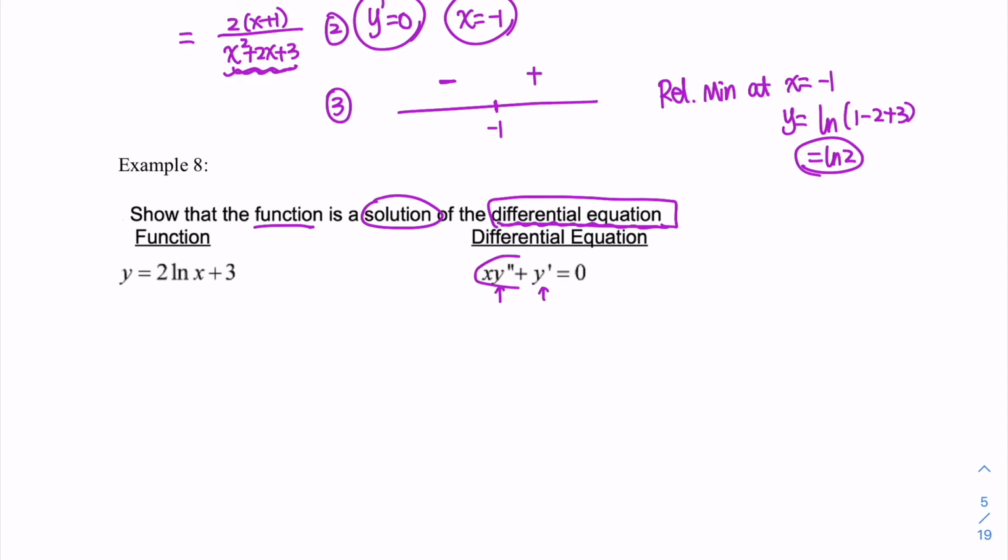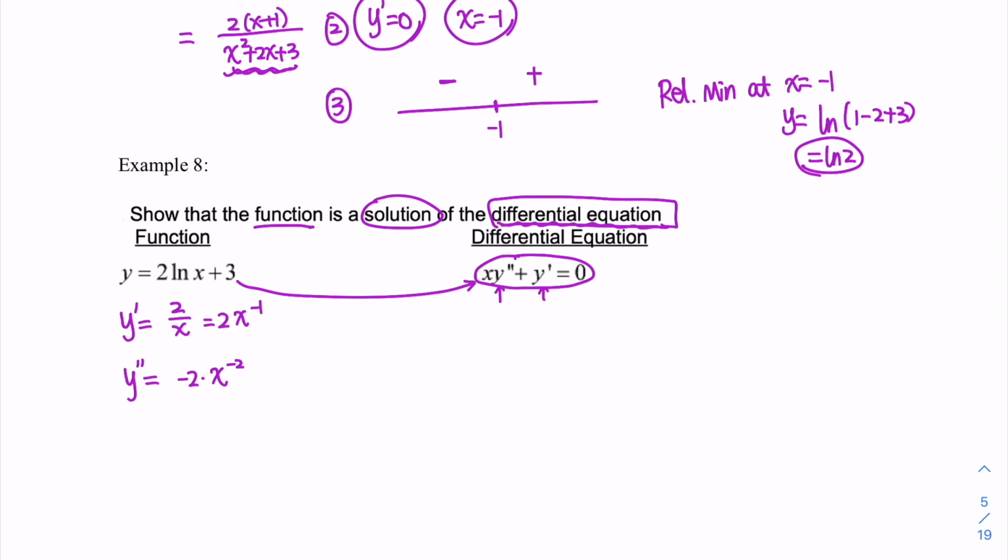Given a differential equation, how do you check if y is a solution or not? We just need to plug in y. Given y prime equals 2 over x, and y double prime, we take the second derivative, which is 2x to the negative 1, so it's negative 2 times x to the negative 2.